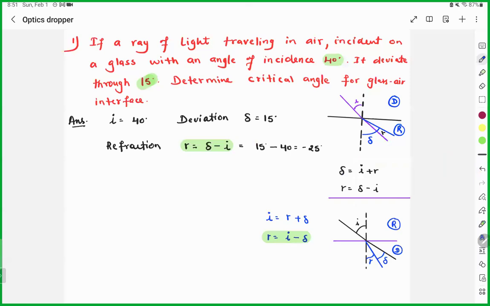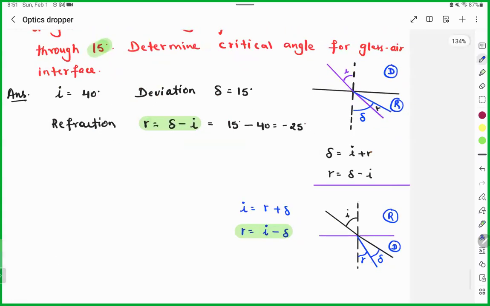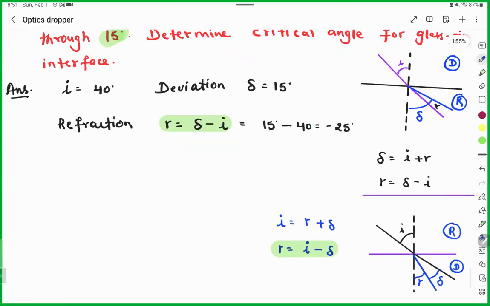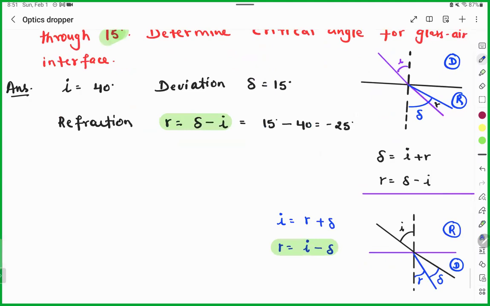The answer is you should have doubt. Why? Sir, in the second case, you are measuring your angle of deviation from the straight line to the deviation line. But sir, here you are measuring your angle of deviation from the normal. How is that possible? It depends on the medium, sir, denser to rarer.